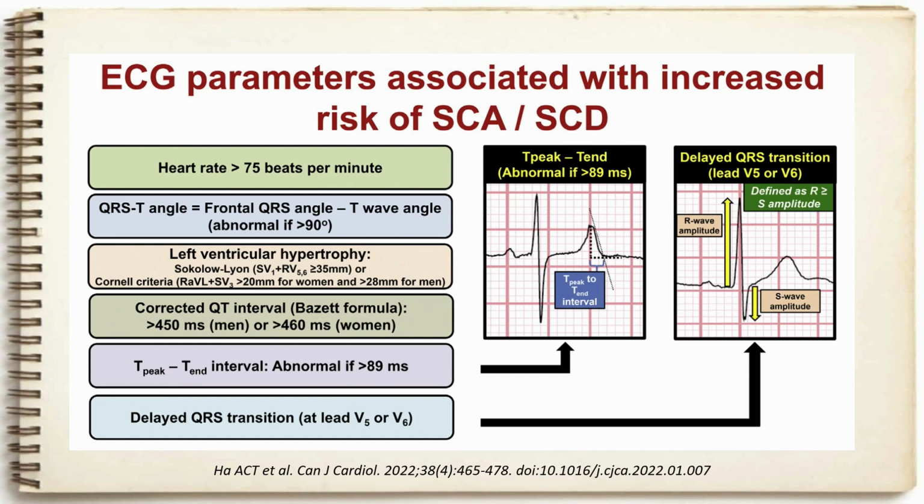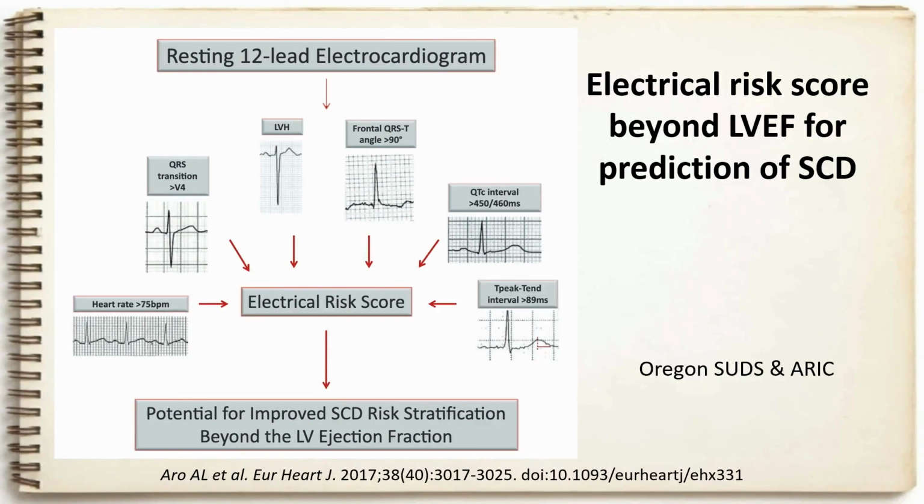For instance, QRST angle, left ventricular hypertrophy in the ECG, corrected QT intervals, T-peak, T-max intervals, and delayed QRS transitions. We know about all these parameters that they are somehow related to sudden cardiac death, but the practical use until now was relatively low. This is a paper looking at electrical risk scores beyond left ventricular ejection fraction for predicting sudden cardiac death.